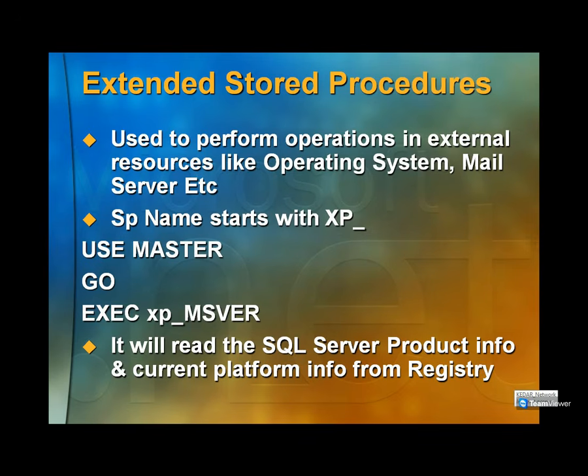So exec SP ms version. This will read current platform info from the registry. The registry will be available in Windows. So how do you get the entries? Execute XP ms version. So let us do this.